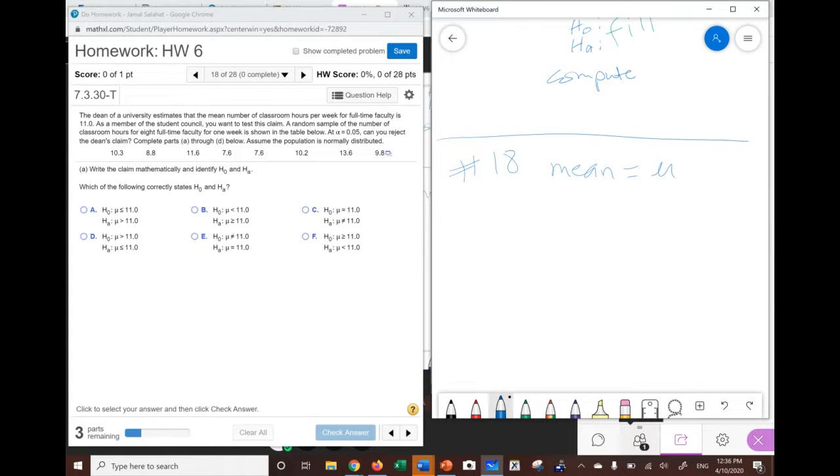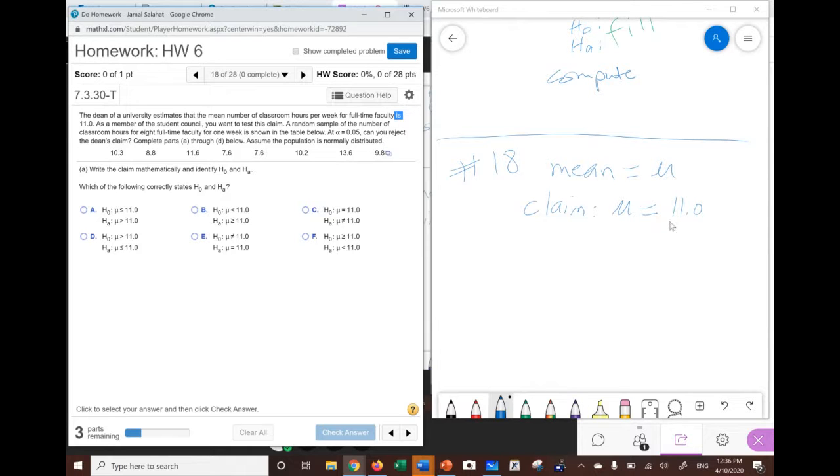So the dean estimates that the number of classroom hours per week for full-time faculty is 11. The dean estimates is the same as the dean claims, so this is the claim. The claim is the mean is 11 hours, because "is" translates into equal.